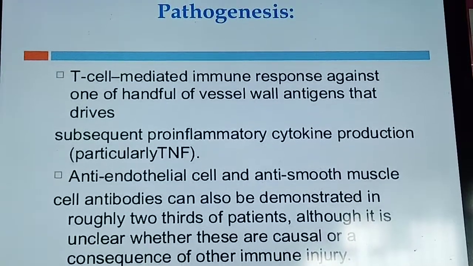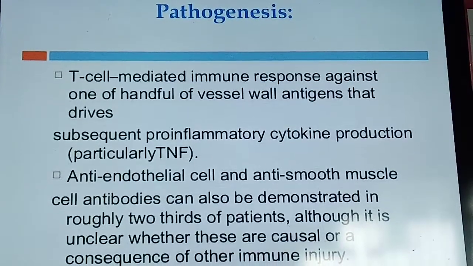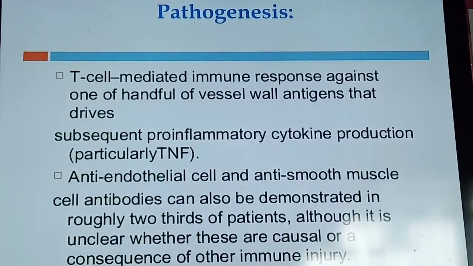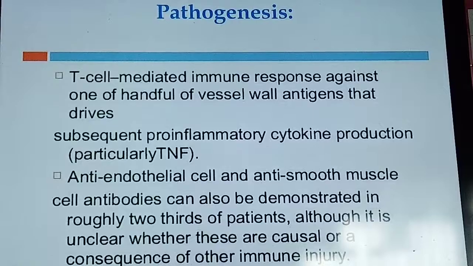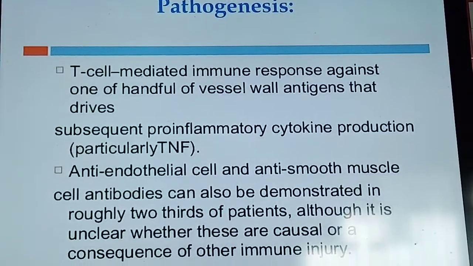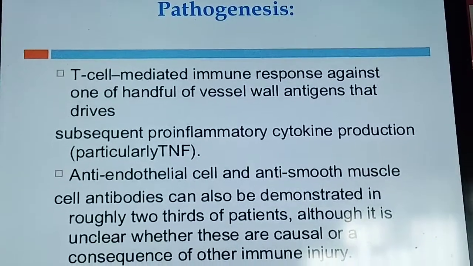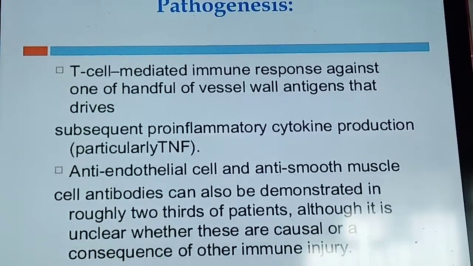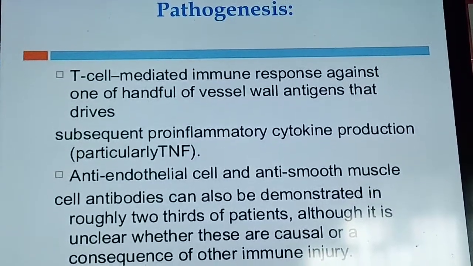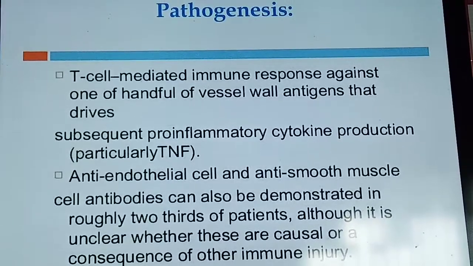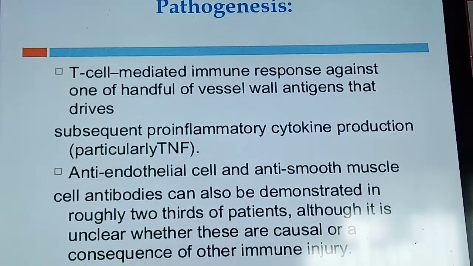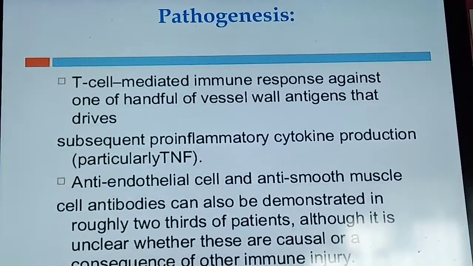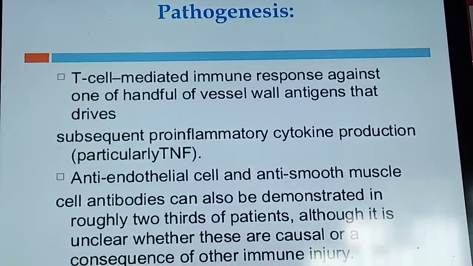In pathogenesis, there is usually a T cell mediated immune response against one of a handful of vessel wall antigens that drives subsequent pro-inflammatory cytokine production, particularly tumor necrosis factor. Anti-endothelial cell and anti-smooth muscle cell antibodies can also be demonstrated in two thirds of patients, although it is unclear whether these are causal or a consequence of the other immune injury.